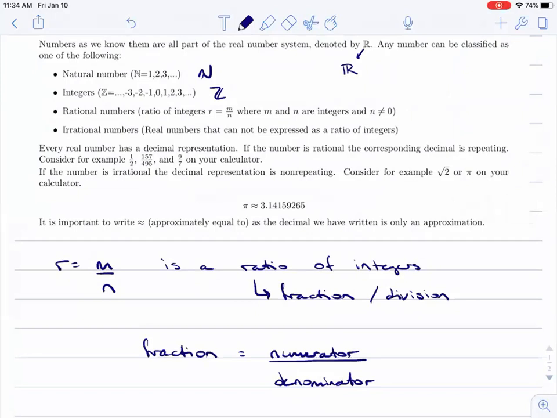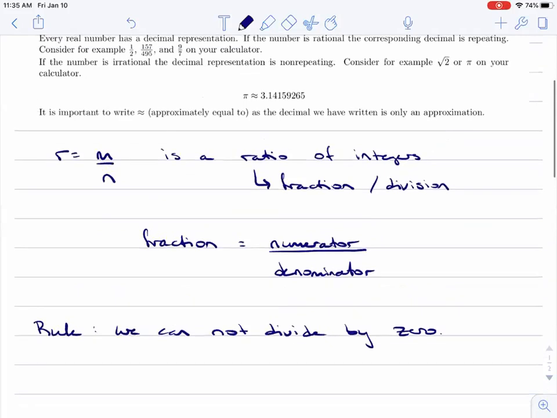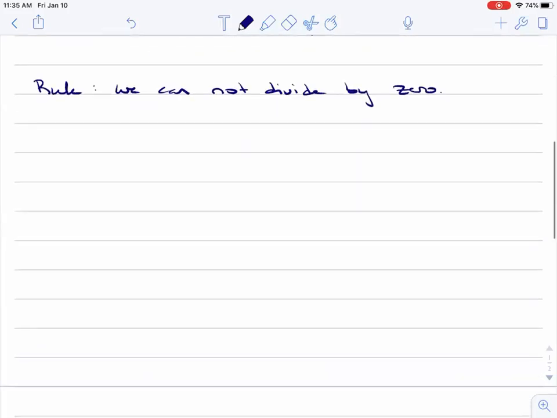Does the iPad not have a calculator? Weird. Oh well. How about you guys do it and you tell me what it is? 157 over 495.